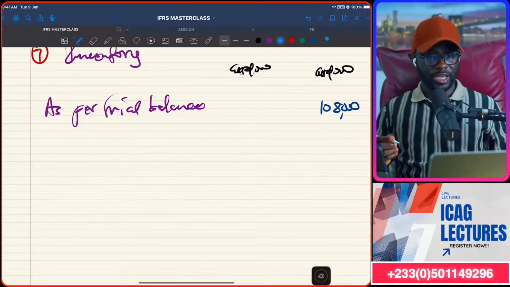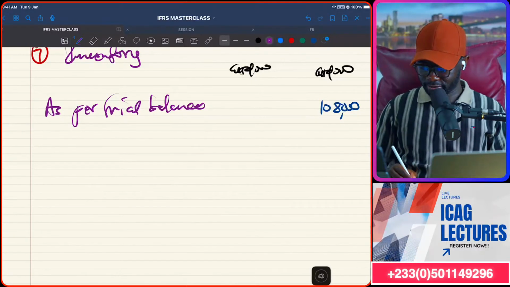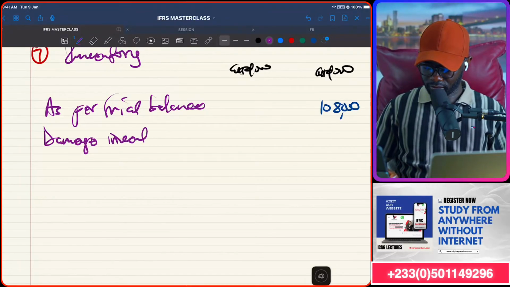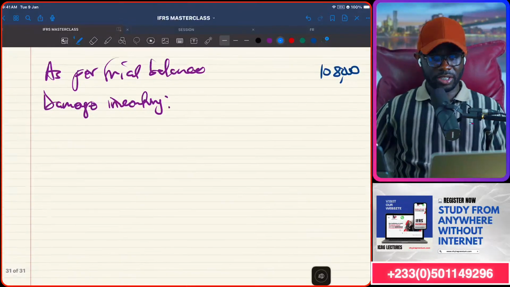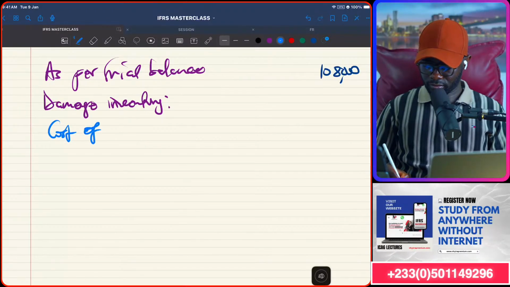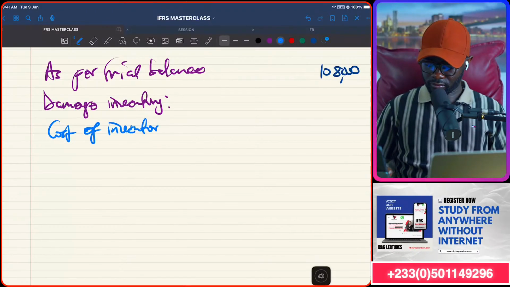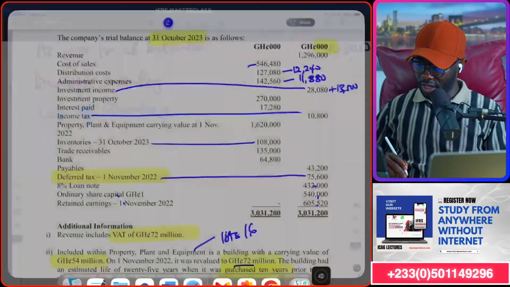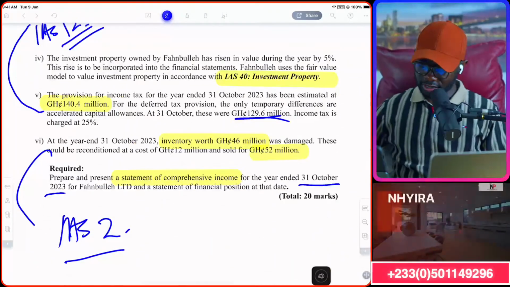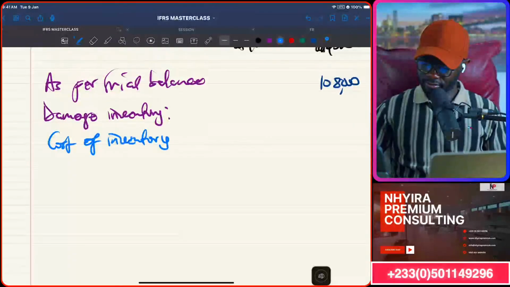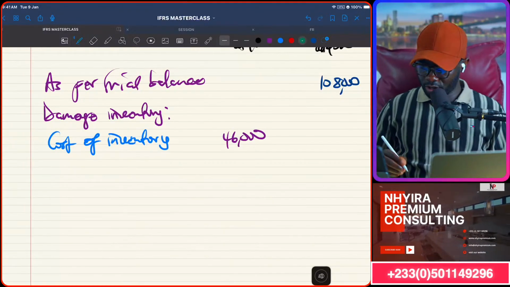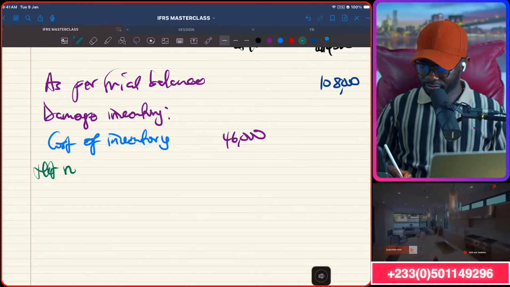Then we work for the parts that has been destroyed. So on the damaged inventory, we're going to have the cost. So the cost of the inventory is going to be, they said 46,000. Then we're going to look at the net realizable value of that.